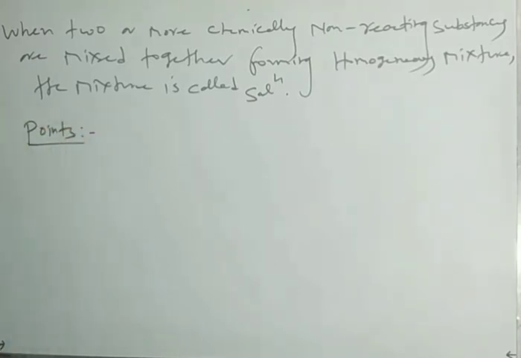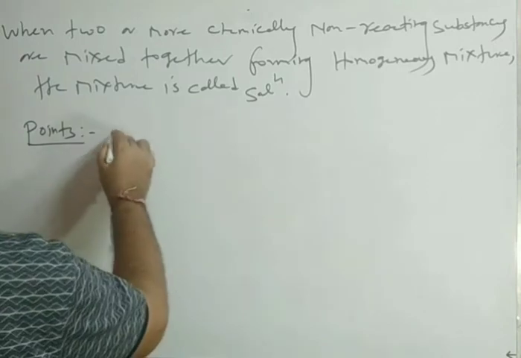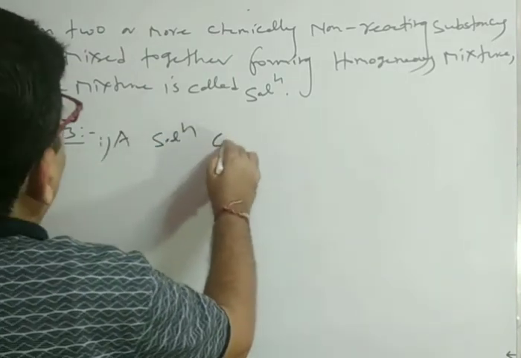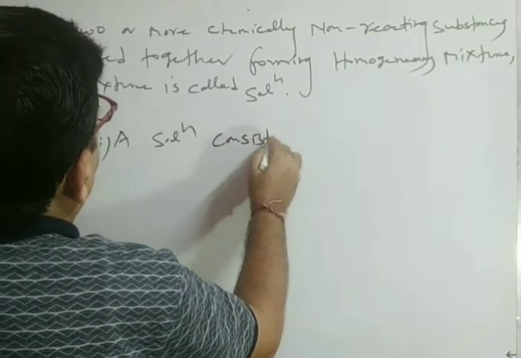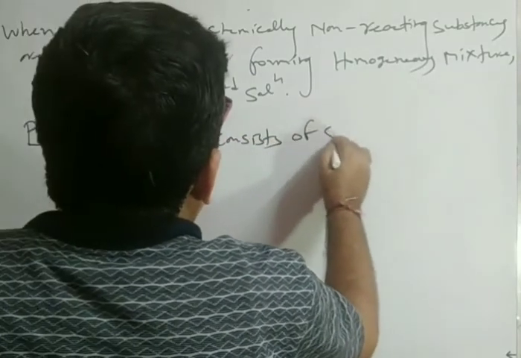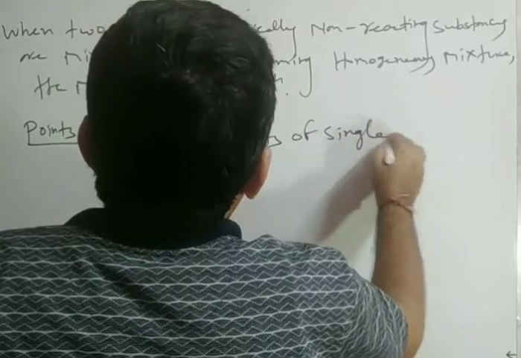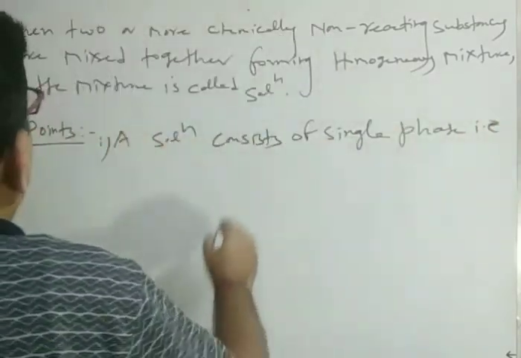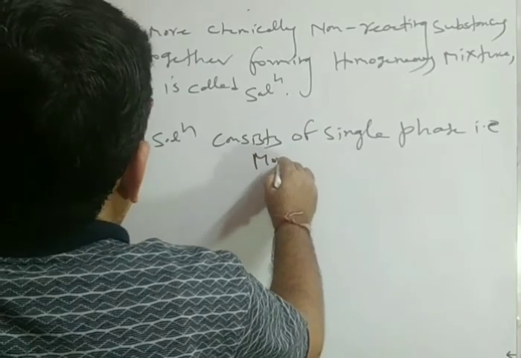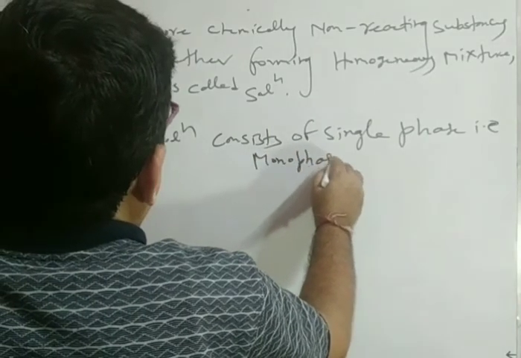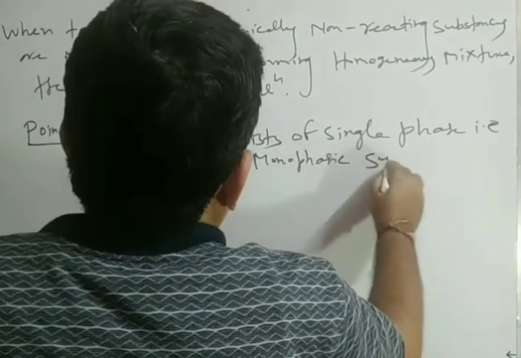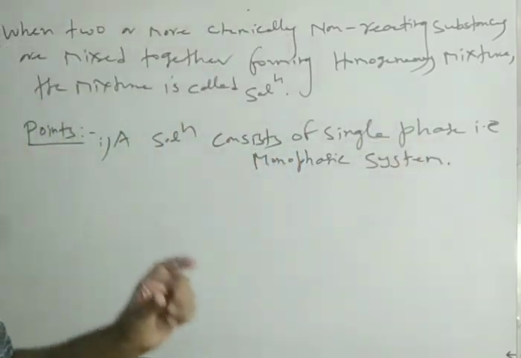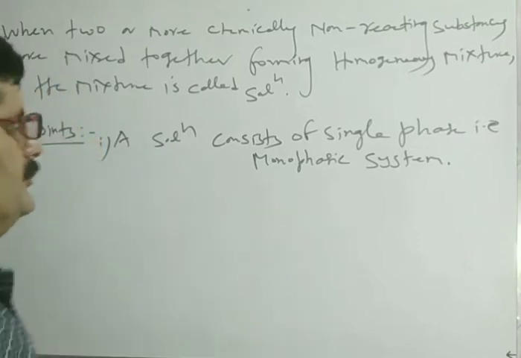The first one, a solution consists of a single phase, that is, a monophasic system. Means only one phase is always present in the solution.